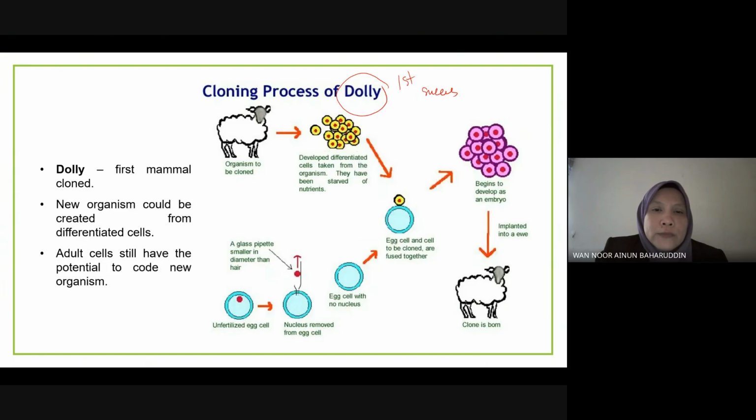Okay, for the organism to be cloned, they take one part of it, the developed differentiated cells taken from the organism. Then they take unfertilized egg cells, and the nucleus is removed from the egg cells of another organism. Then the egg cell with no nucleus is inserted with the one that we want to clone.